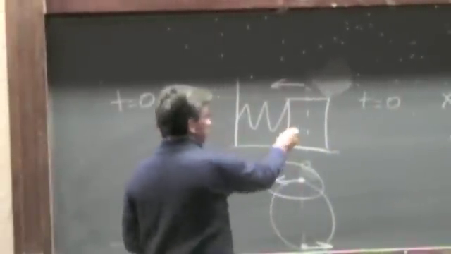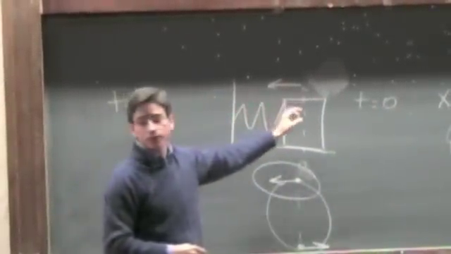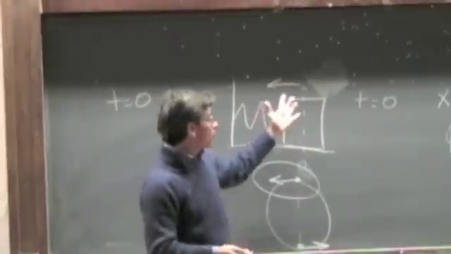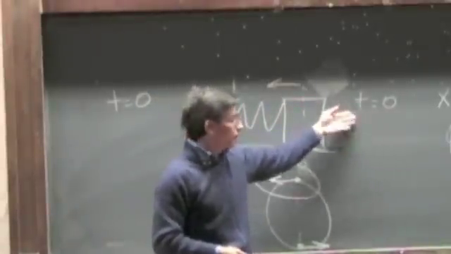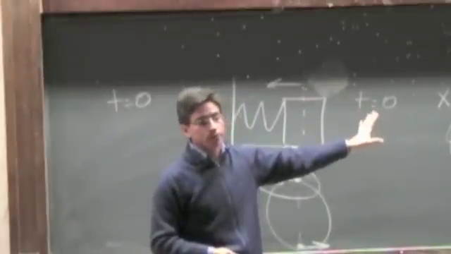So once you know the initial position and the initial velocity of the particle, that means what the particle is doing at t equals 0, then the initial phase is determined uniquely.